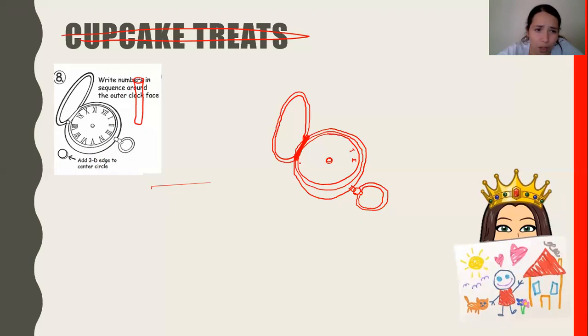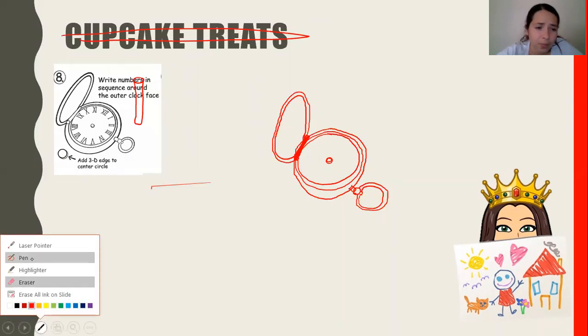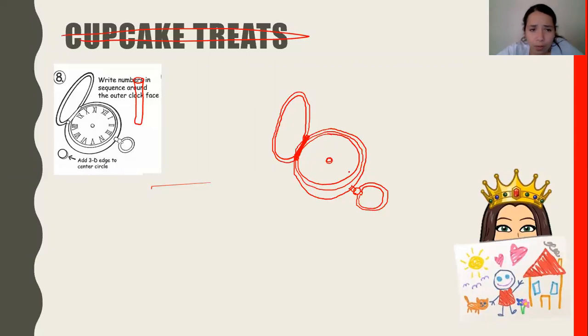Try to make it as close as possible to a real clock, meaning across from the 1, you should have the 6. Oh, wait, what am I talking about? No, we should not have the 6 across from the 1. It should be a 12. Let me fix it.